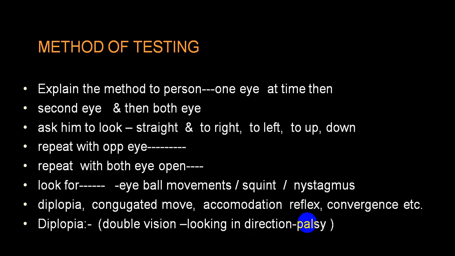Now the method of testing. Explain to the person the entire procedure, and you have to test one eye at a time and then both eyes together. You have to explain to the person what you are going to do, and the person is supposed to follow your order. When you ask the person to look straight, you just observe for ptosis.